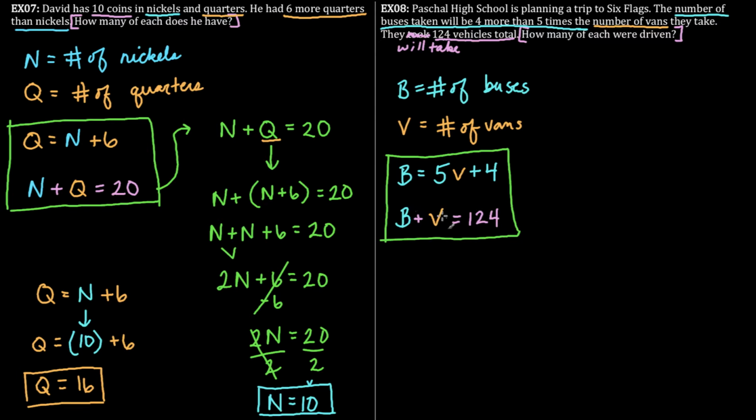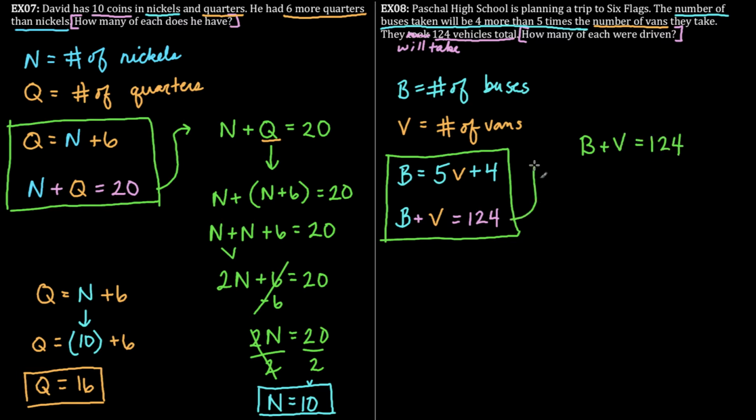So I like doing this one. You see how it says b equals? Well, if we know what b equals, which is 5v plus 4, we'll just take this and put it right here. So I'm going to put b plus v equals 124.